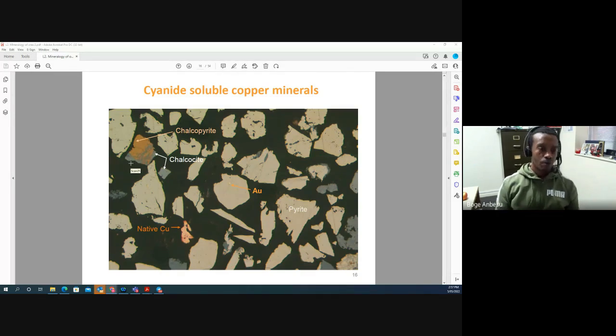Chalcopyrite is usually not a problem if it's the only phase, although it's a copper mineral. Chalcopyrite doesn't dissolve that well in cyanide, so you might get away with it. But if there's an abundance of chalcocite, native copper, and so on, those are going to be a problem during cyanidation.